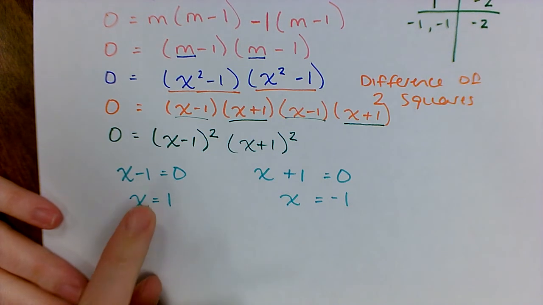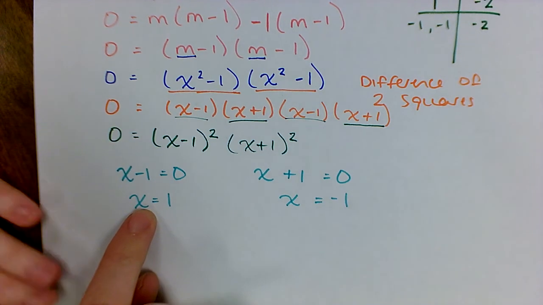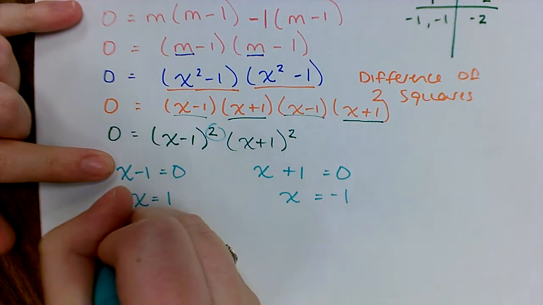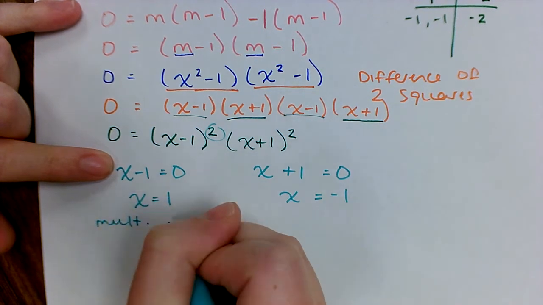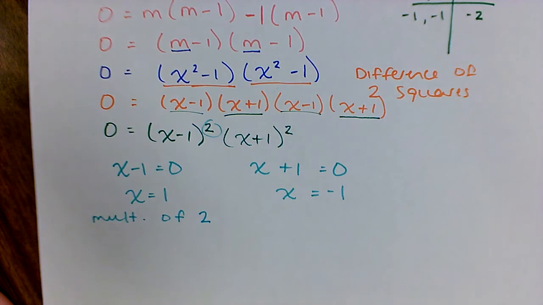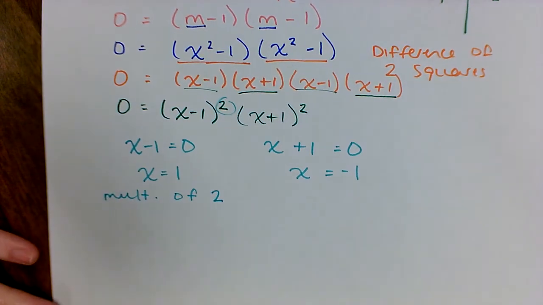What's my multiplicity of x equals 1? How many times do I get x equals 1? Well, how many times did I have this factor x minus 1? I had it twice. So my multiplicity is 2, multiplicity of 2. And what's important about the multiplicity?